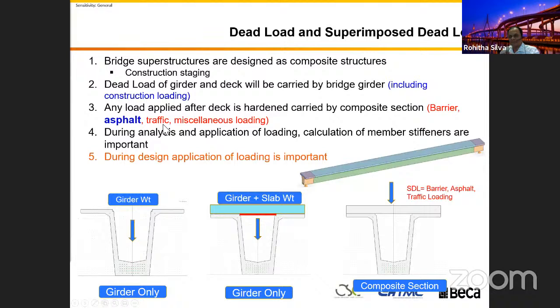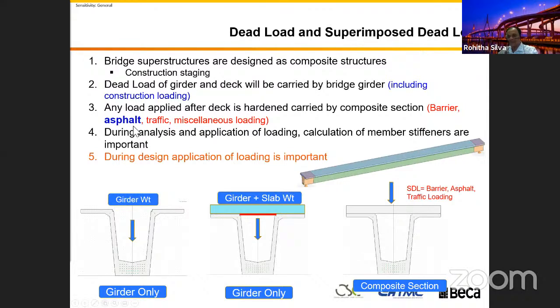For example, if you say in the drawing the 50 millimeter thick asphalt is on the bridge, that's the bare minimum we use in the bridge deck. If you just calculate 0.05 times the 22 kilonewton per cubic meter density, and design your bridge and consider that as a dead load, that is really wrong.